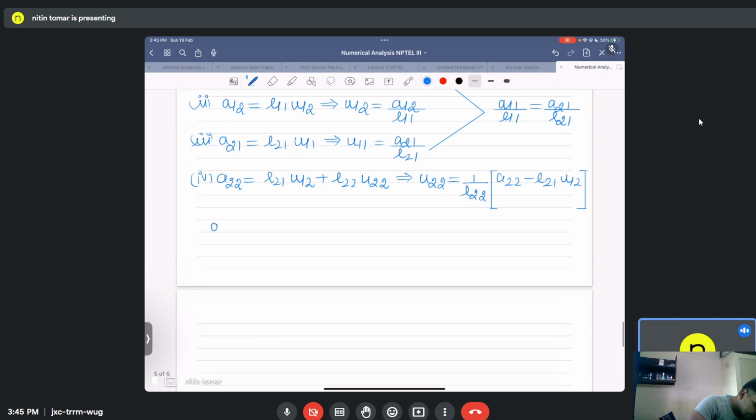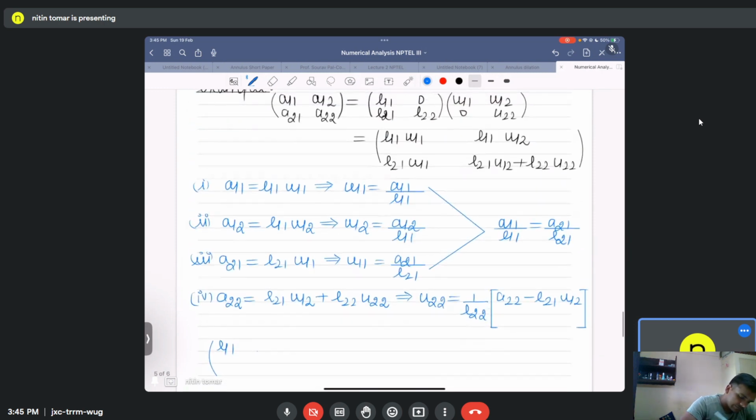So finally, if you write your L, it was L11, 0, L21, L22, and what is your U? U11 is A11 by L11.